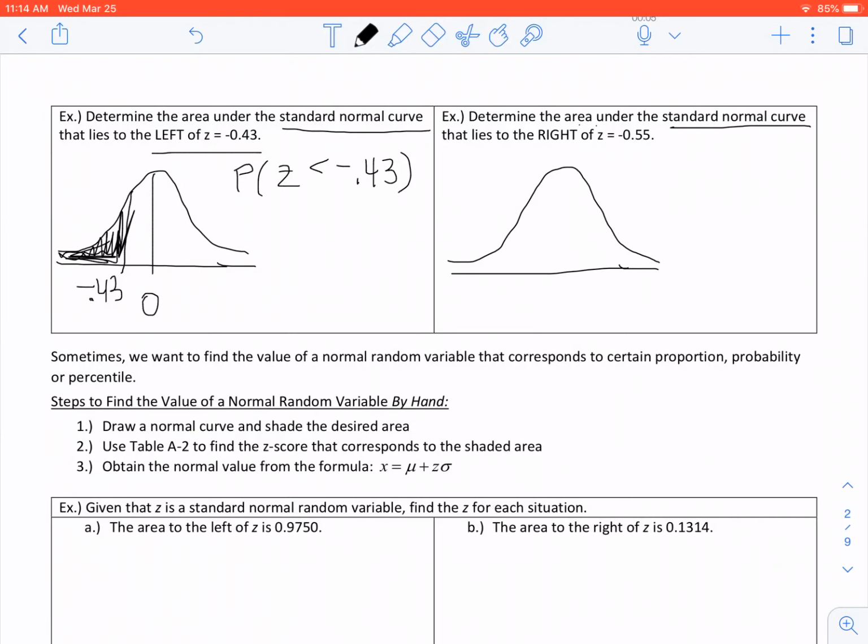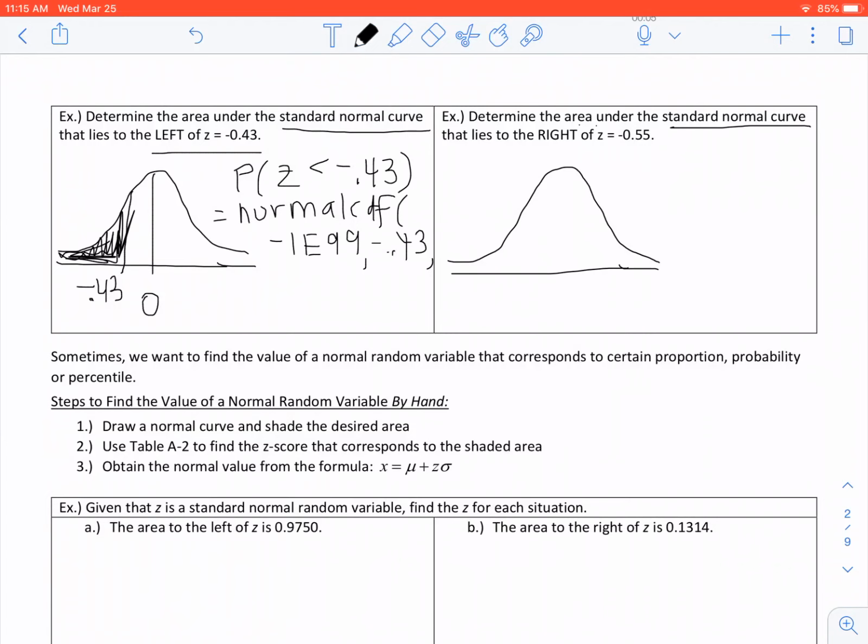So on our calculator, we are going to be using normal CDF. And the first thing that we have is our lower bound. And since this goes on forever to the left, we're going to have negative 1E99, comma, your upper bound where the shading stops at negative 0.43, comma, the mean and the standard deviation.